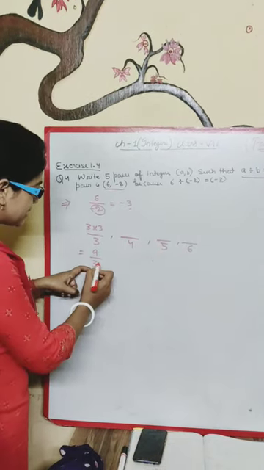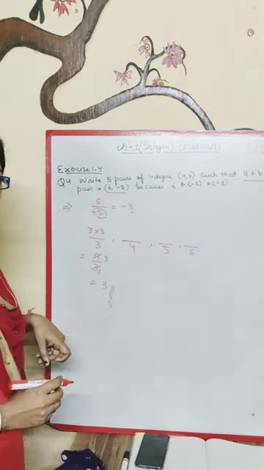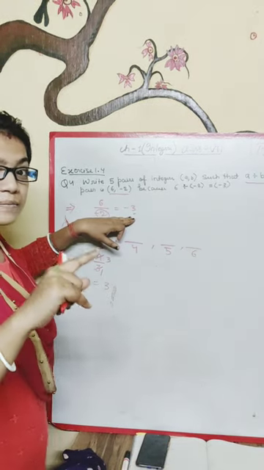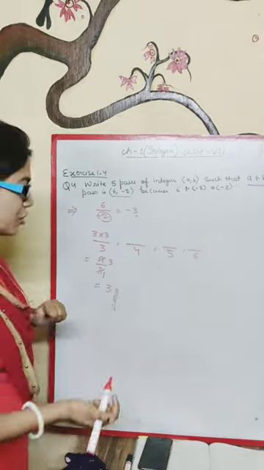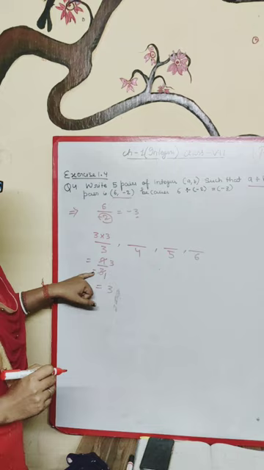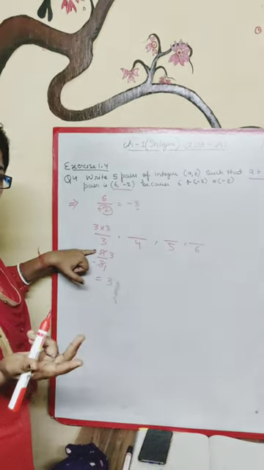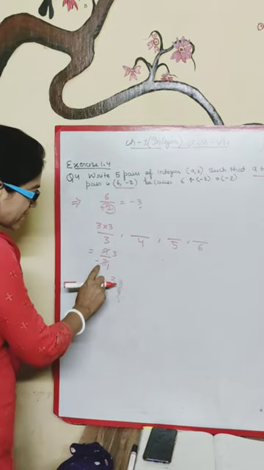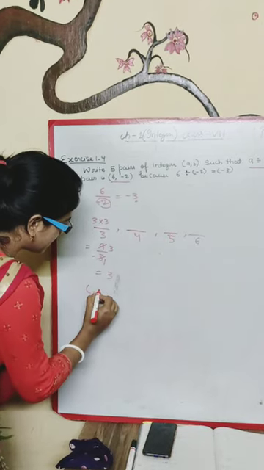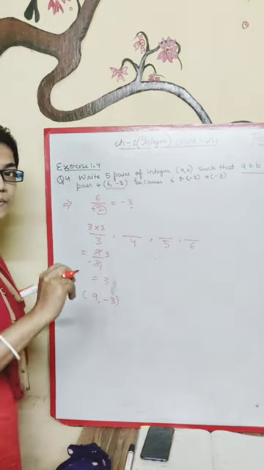If we cut this, 3 ones are 3, 3 threes are 9. You just see, we got 3 as the answer. We have to find the answer as minus 3. So what we have to do? We have to put the negative sign in the denominator part. If we put the positive sign in the numerator, that is also okay. So if we put the negative sign in the denominator, it will give one pair. This is the pair 9, minus 3. It gives one pair.